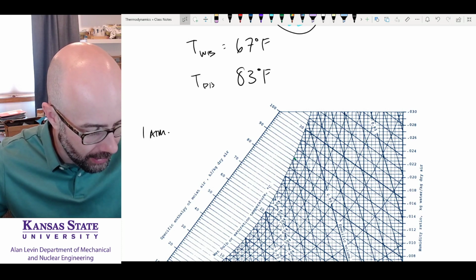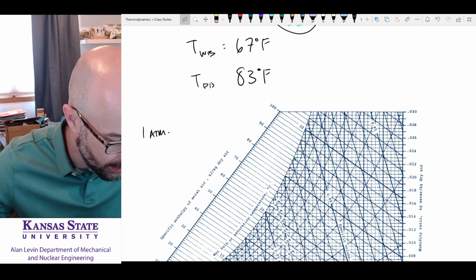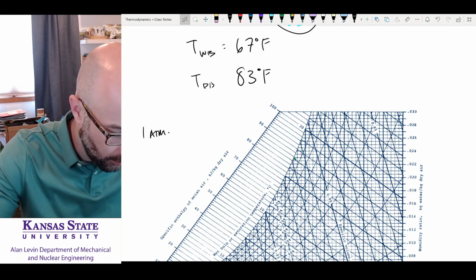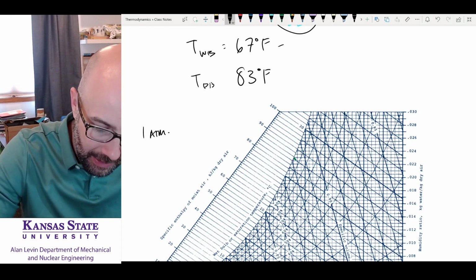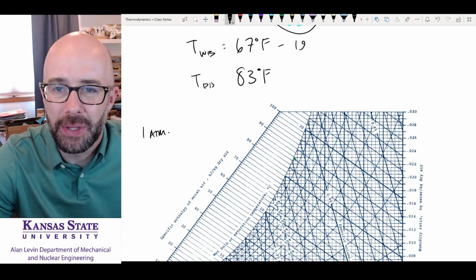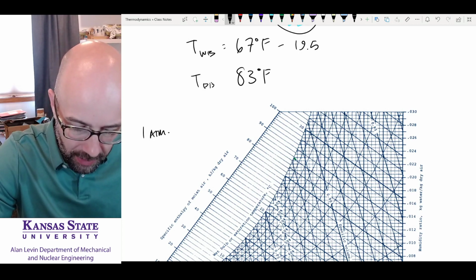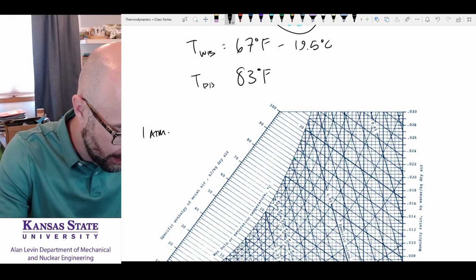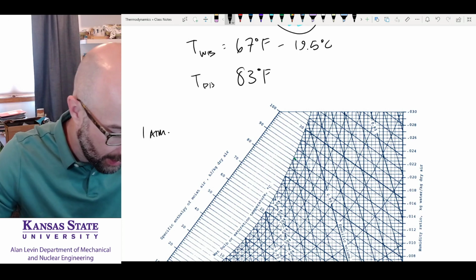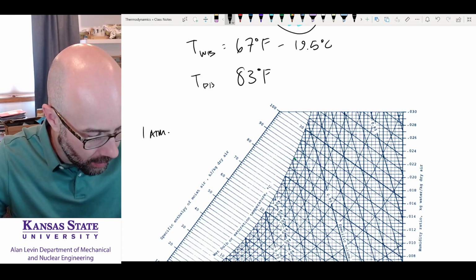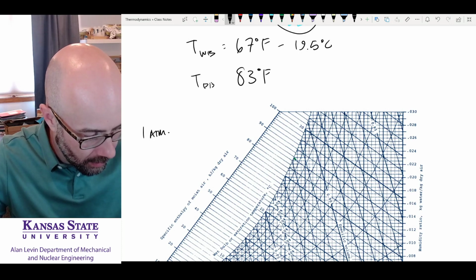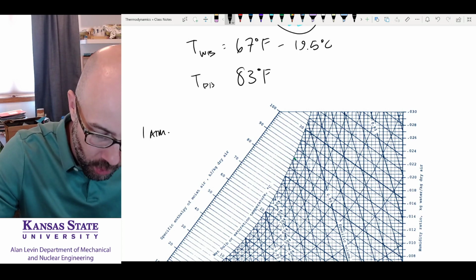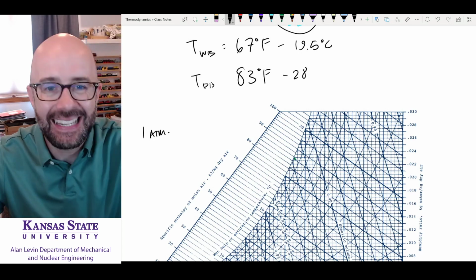I'm going to do this quick and easy. 67 degrees Fahrenheit in Celsius is about 19.4, so let's go 19.5 degrees Celsius. And then 83 Fahrenheit is about 28. Okay, so it's about 19 and a half and 28.